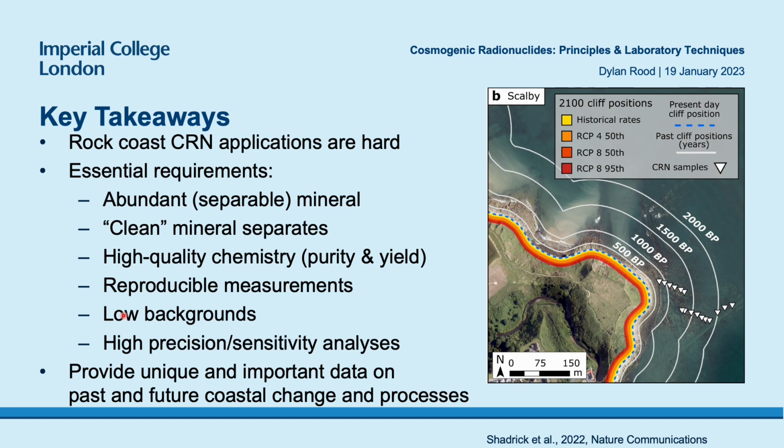Lots of blanks, basically. And then when you choose your AMS system, focus on systems that will achieve high precision and sensitivity, especially for these low concentration, low ratio samples. The ANSTO instrument's been phenomenal for this, but pick the right instrument for the job.